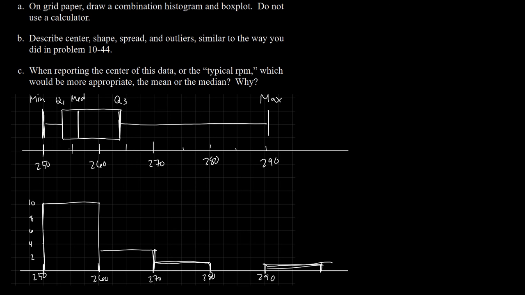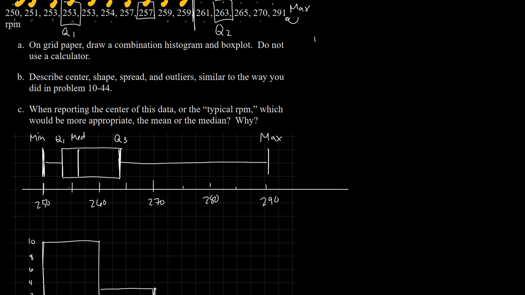Now it says describe the center, shape, and spread and outlier. So I can see that I think 290 is an outlier. And because of that, I would probably not describe the center using the mean.